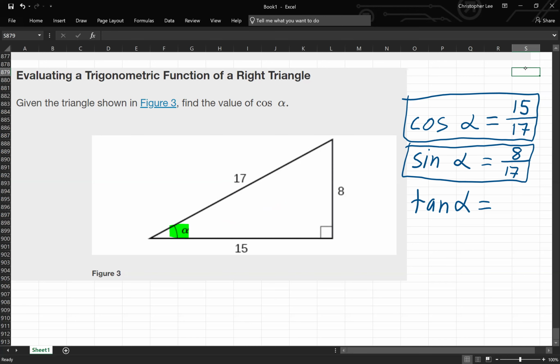Tangent. Tangent is opposite over my adjacent. And that's it. That's my answer.